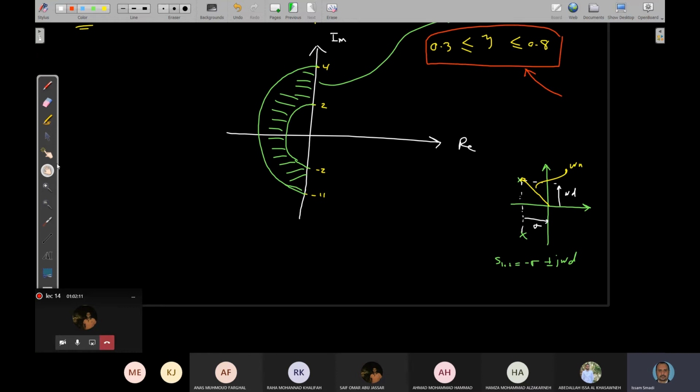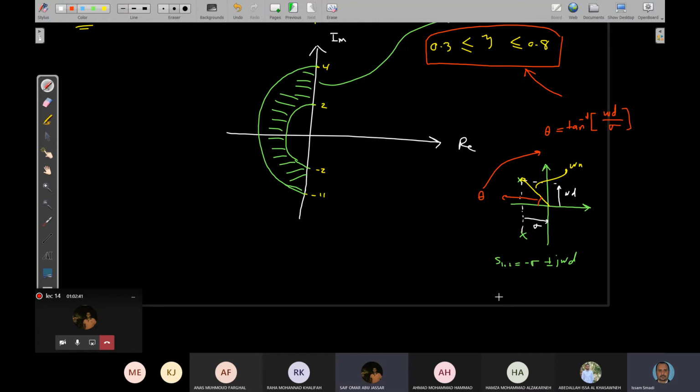Okay, now follow up with me. What I need to find is this angle theta. So theta equals what? It's tan inverse of the imaginary over the real, correct? And the imaginary is omega d, over sigma.